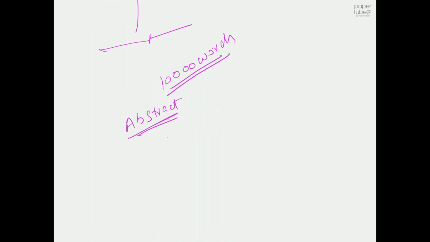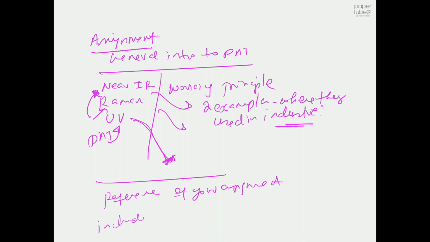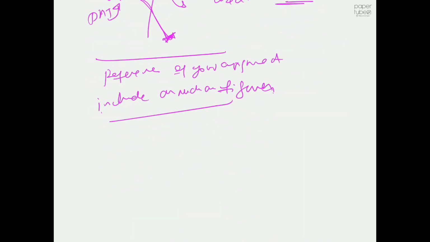I already mentioned what you should put. Then put references at the end of your lab report and references at the end of your assignment. Then include as many figures as possible, like the working principles of UV, for example.